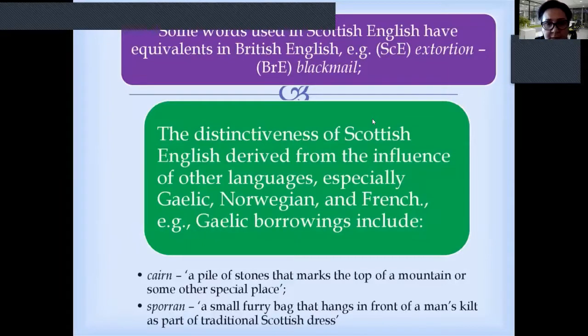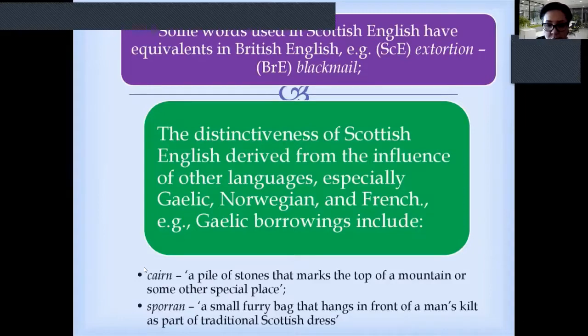And here are some words used in Scottish English. They have equivalents in British English. For example, extortion is a Scottish English variant, which means blackmail in general British English. Some more distinctiveness of Scottish English derived from the influence of other languages.